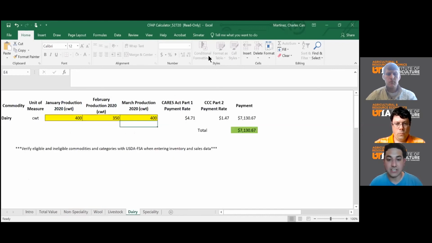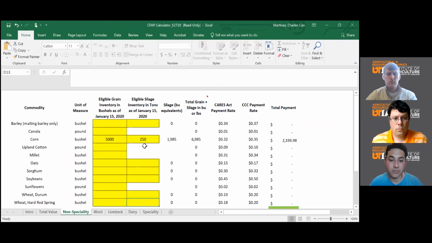Again, these are just simple examples that you could adjust if need be. And if you have other questions in terms of where you can put silage, don't hesitate to reach out to us. And let me quit sharing my screen. I think it's important to acknowledge that we also need to be cognizant and aware of FSA's time and how much they're probably having to handle right now.